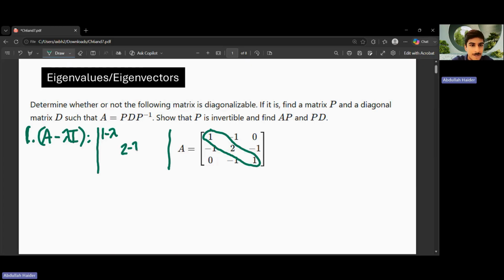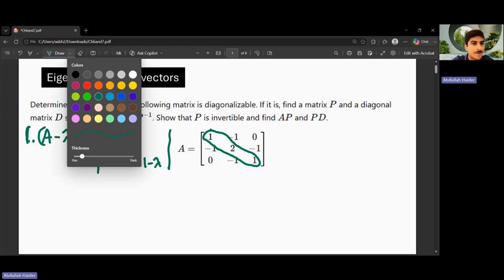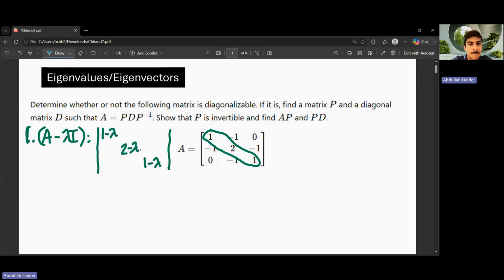Write everything else as it is: -1, 0, -1, -1, 0, -1.